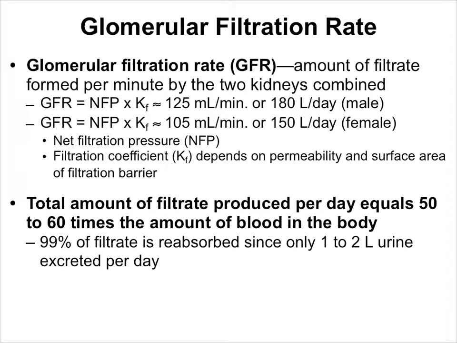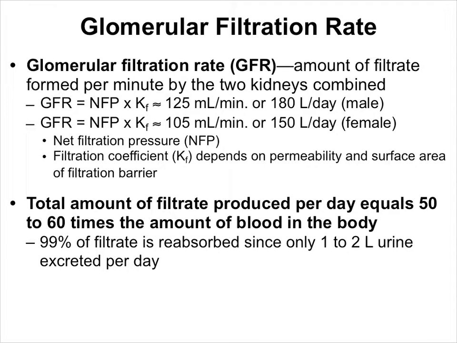This can be dependent upon drugs and hormones. It can be dependent upon how much damage your kidney has taken over your life. But in males, this should typically be around 180 liters per day. In females, around 150 liters per day. That's how much filtrate is made by your kidneys.